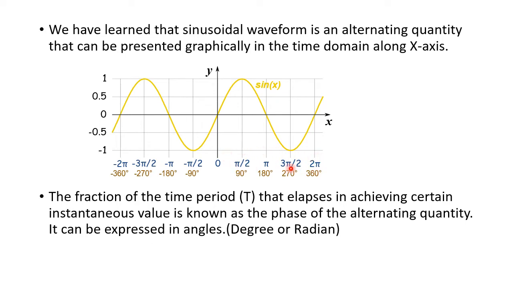These are what we call radian format. In another way we can express it as 90 degrees, 180 degrees, 270 degrees, 360 degrees. These are represented in degree form. So actually these are the angles. The x-axis belongs to angles.